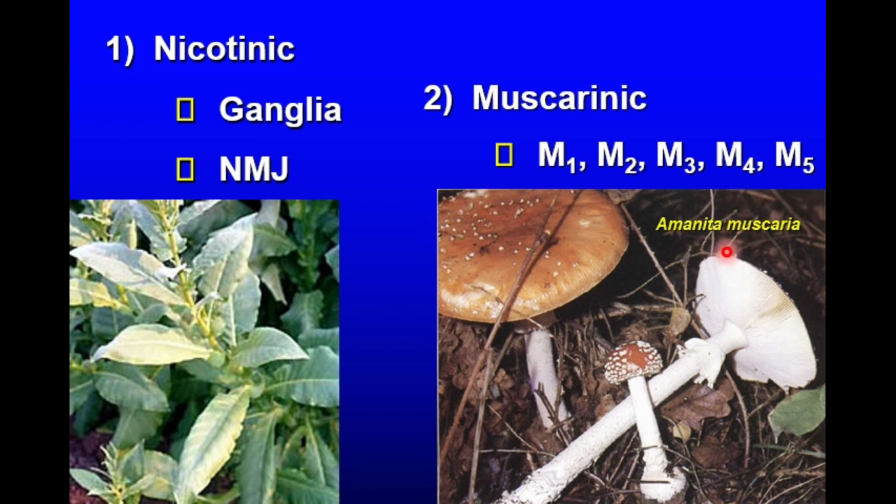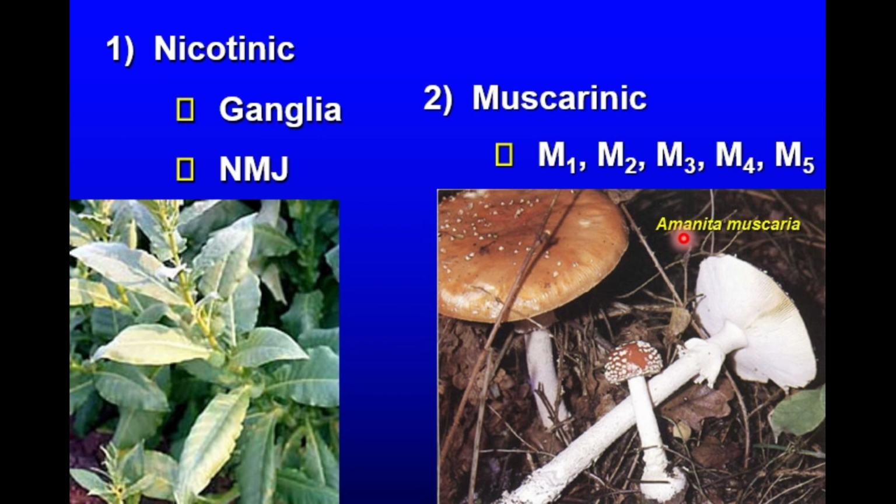Muscarine, a chemical substance isolated from the fungus Amanita muscaria, at concentrations which activate muscarinic receptors, has no effect on nicotinic receptors.